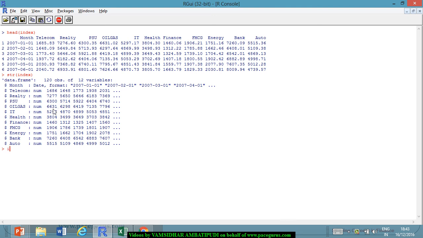So what I will do is I'll create another variable called index1, where I will take out the first column of the index, so only with the remaining columns I want to create another variable called index1.